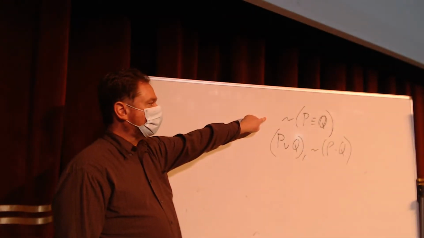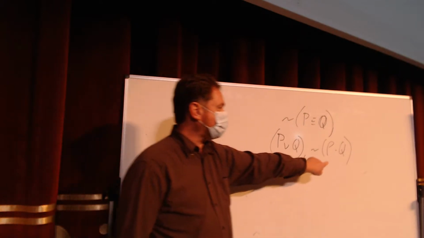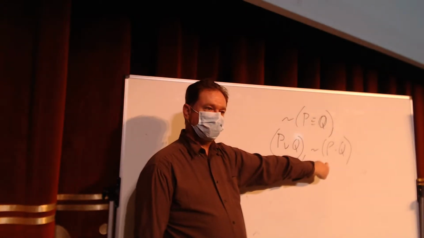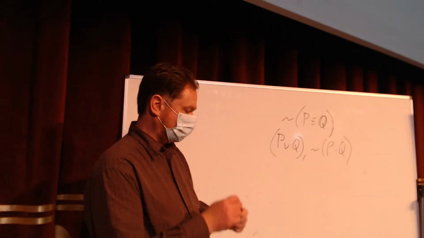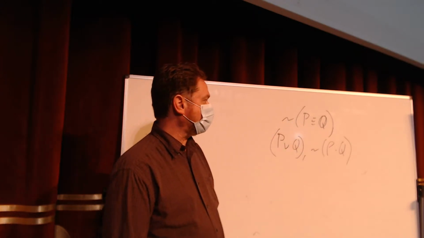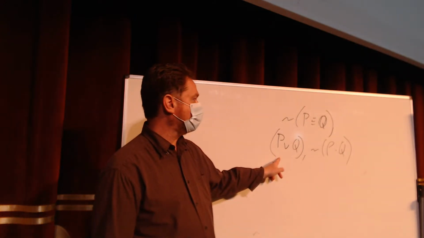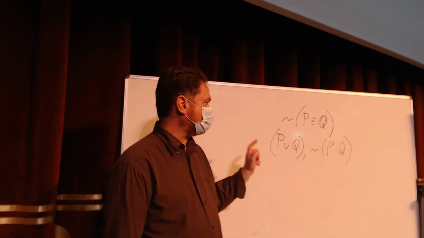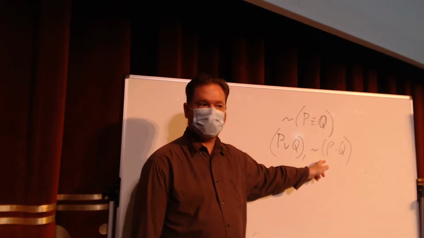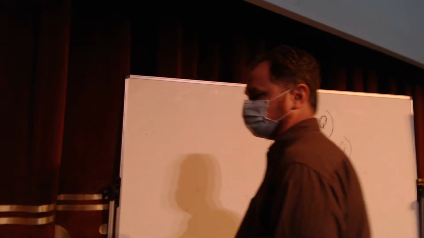Negated triple bar means either P or Q, one of the sides is true, but not both sides are true. So triple bar is the claim that they match. Negated triple bar is the claim that one side is true and one side is false, that they don't match. And the verbose logical way of saying that is either P or Q, but not both P and Q. So memorize those. That will appear on the exam. You'll need that for something.